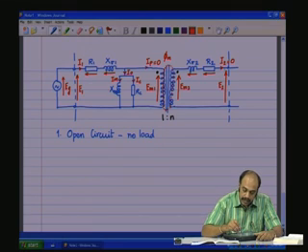Now, as I2 is 0, the presence of this leakage reactance and the winding resistance is not needed. And as these winding resistance and the leakage reactance are very small, the I naught into the impedance drop will be very small compared to the voltage which is applied.